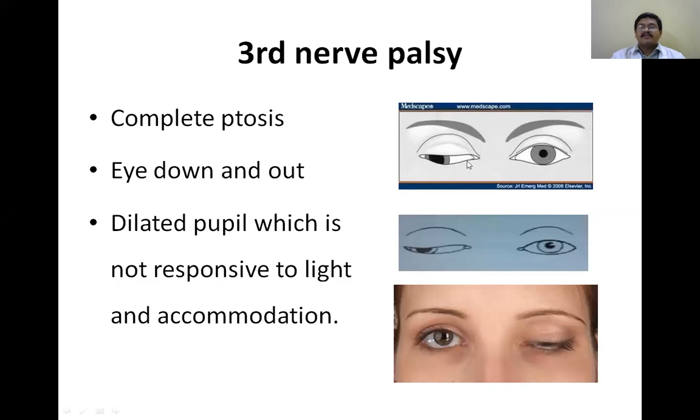In third nerve palsy, you have complete ptosis, and the eye is down and outward. Here you have a dilated pupil not responding to light or accommodation. Here the right eye is normal, and here the left eye is affected. This is how the clinical condition of third nerve palsy looks like.